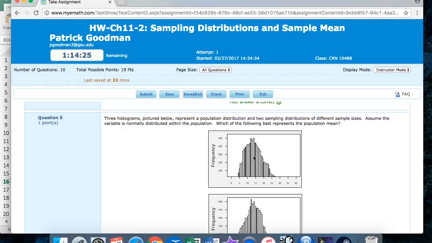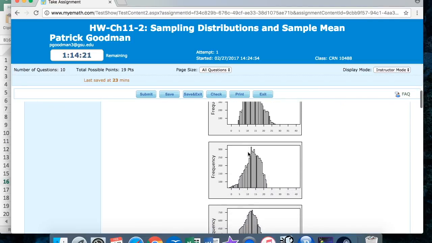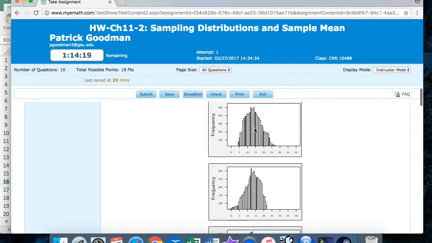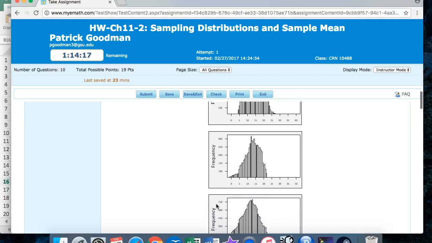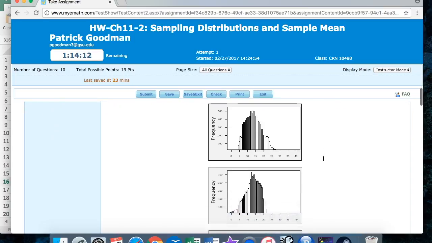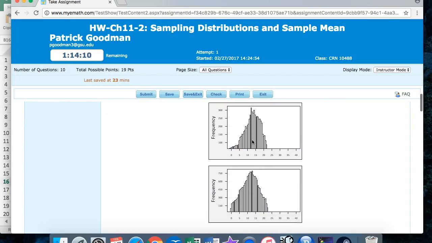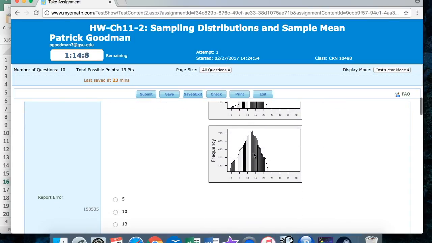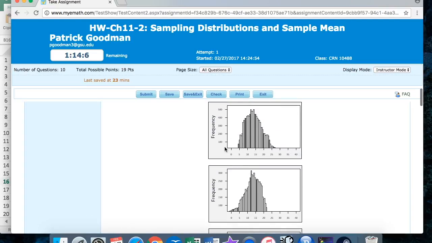If you find the average of all of those averages, you get the population average. That's the idea behind this problem. We're looking at 3 different sample sizes. The average of these 3 should be very close, if not exactly equal to the mean.